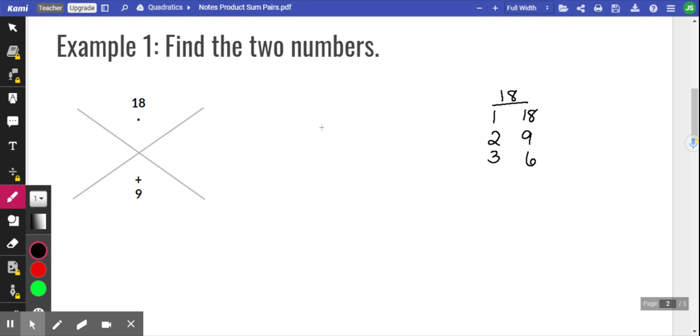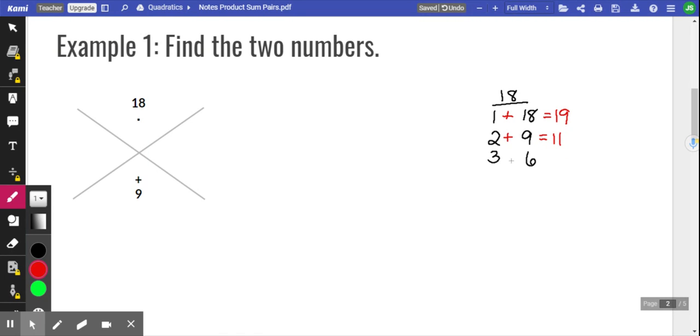The other piece of the puzzle: not only do we need to find numbers that multiply to be 18, those numbers also have to add to be 9. When I look at my pairs, there's only one pair that would work. If I tried to add these together, 1 plus 18 gives me 19. That's definitely not giving me 9. 2 plus 9 gives me 11.